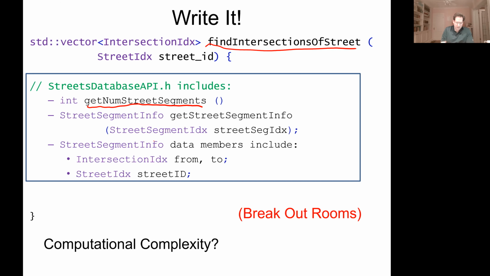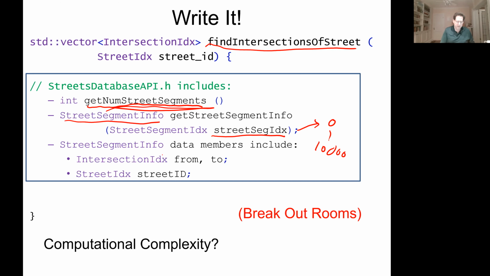You can also get a structure called street segment info that gives you information about one street segment. And you ask for that by ID. So you could say, give me the information structure for street segment ID 0, or you could ask for ID 1, or ID 10,000, all the way up to, say, 200,000, whatever the number of street segments is in this city.